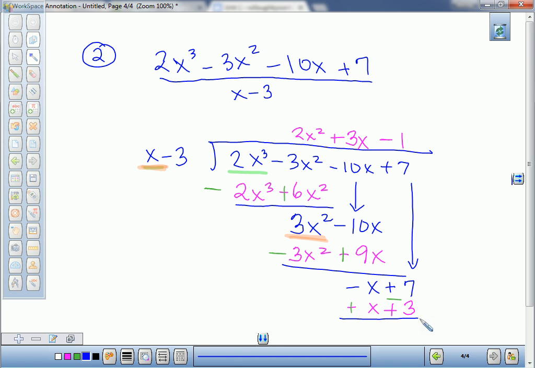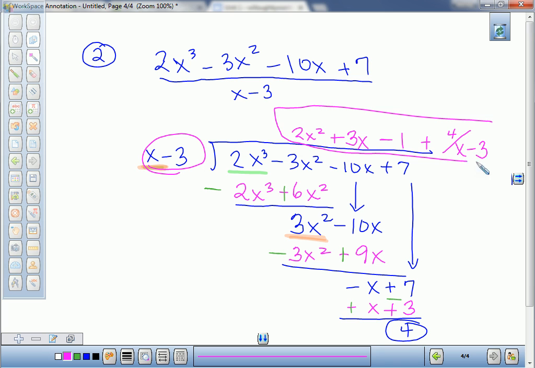So this time, I've got a remainder. I filled up all of this, so what's left down here is the remainder. The way we write the remainder is we write the remainder over the divisor. And this is our answer.